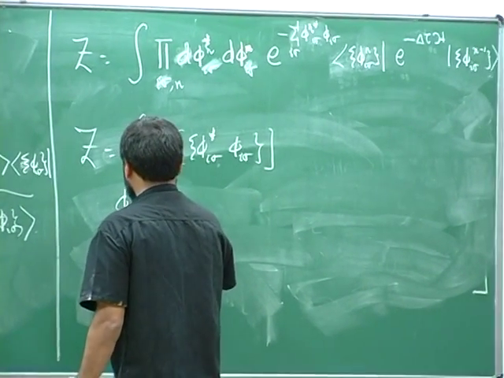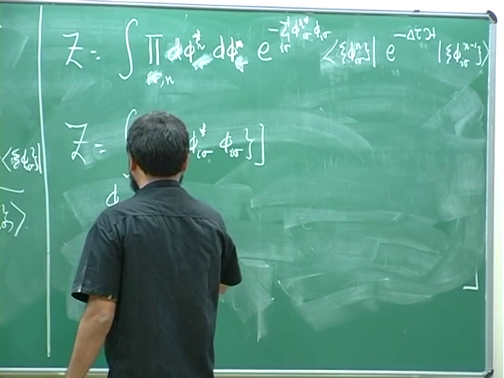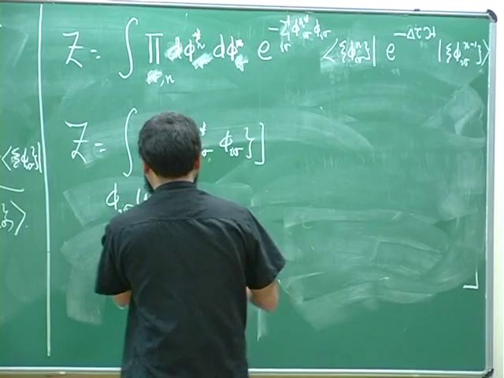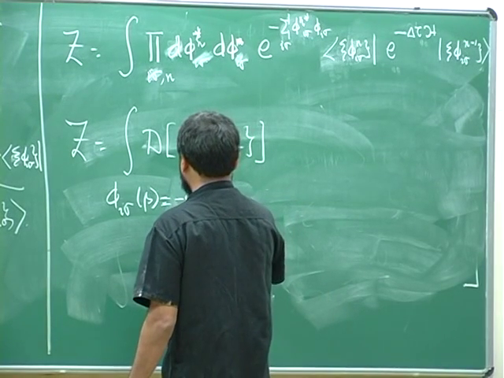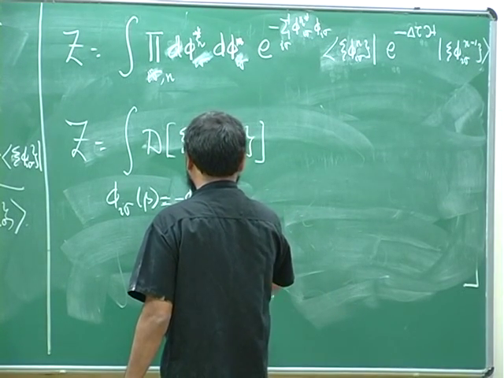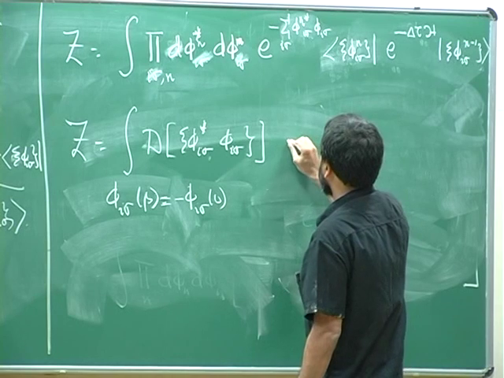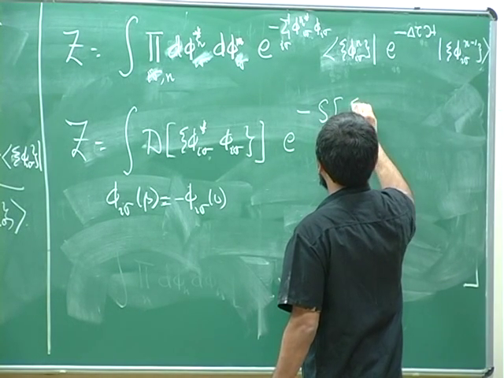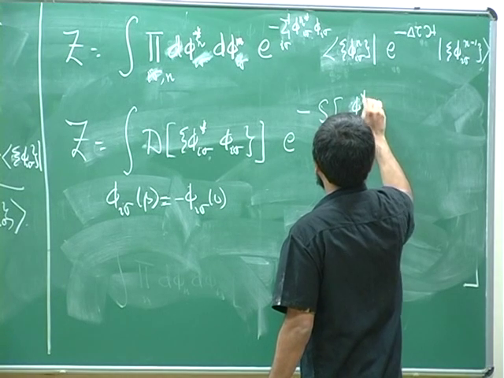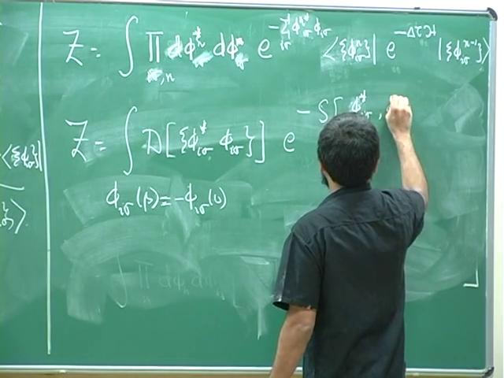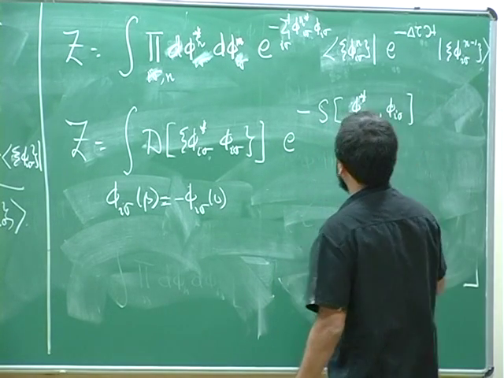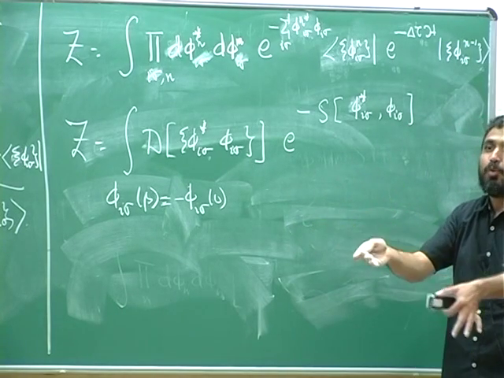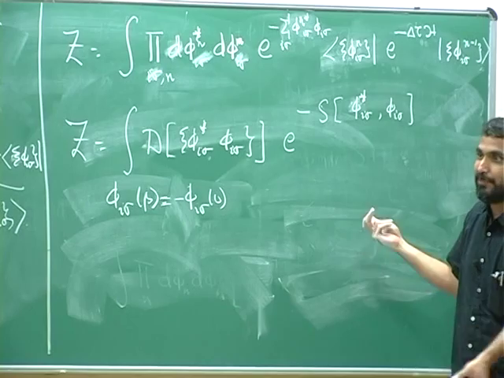Again, I need this condition. Okay, now what is this S? Of course we can derive it, but I'll tell you the rule to write down S. It's very easy.